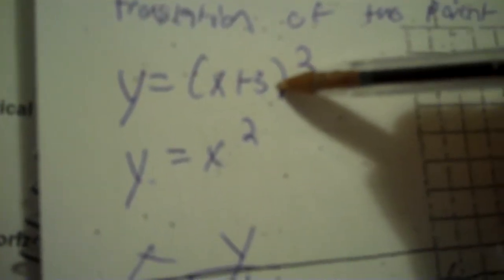Okay, this is what you do with the translation though. This time, the plus 3, see up here in these original problems, the first ones we did, there was no parentheses, okay? When there is a parentheses, it's a horizontal shift. It's not going to be just going up or down, okay?